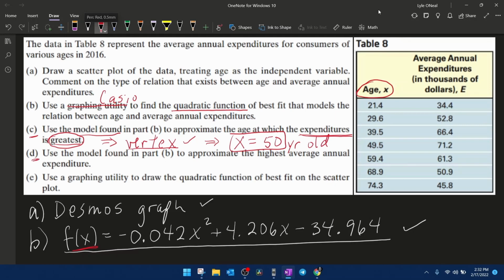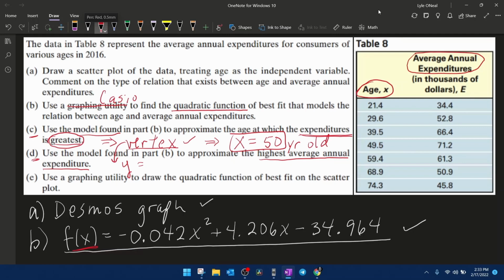Part D, use the model found in Part B to approximate the highest average annual expenditure. That's again going to be the vertex, but here that's the y coordinate, because in our table the average annual expenditures were the y's.